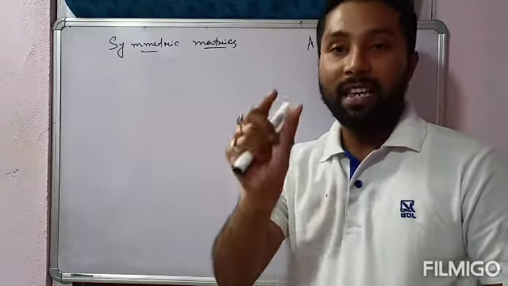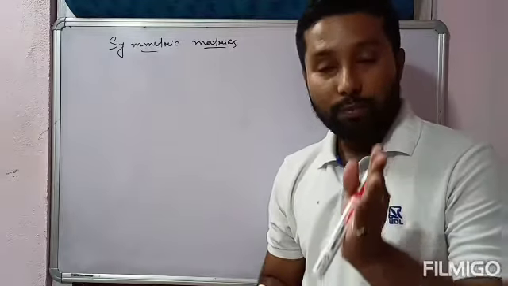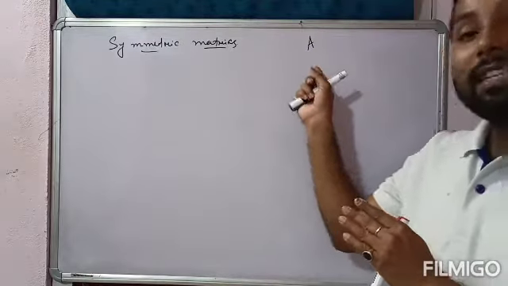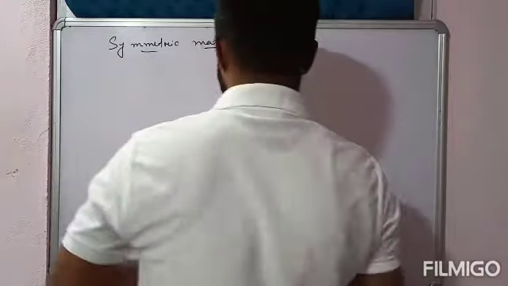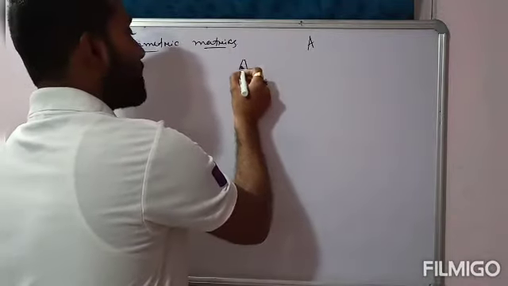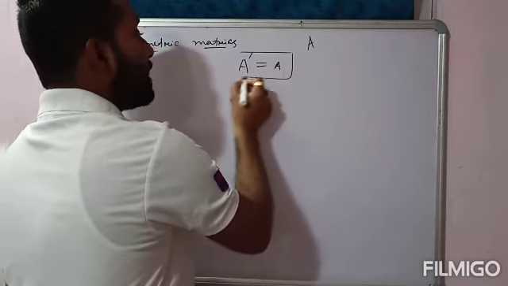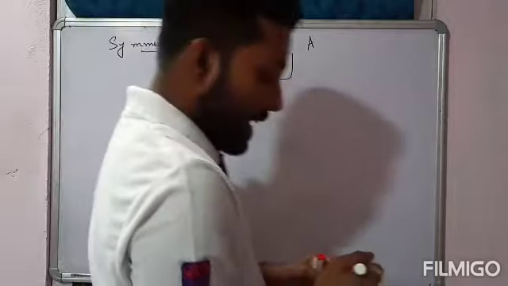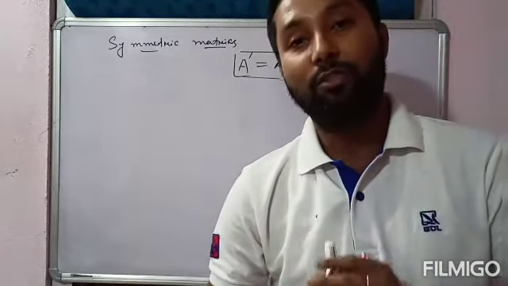The condition of a symmetric matrix is A transpose is equal to A. If A transpose is equal to A, then only we can say that the given matrix is symmetric.